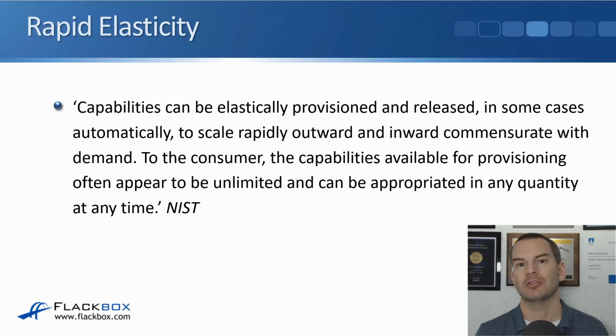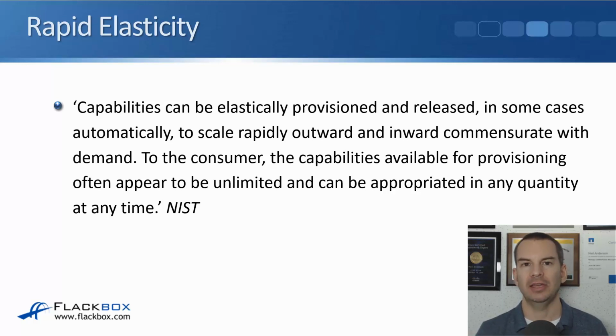The next characteristic is rapid elasticity. Capabilities can be elastically provisioned and released, in some cases automatically, to scale rapidly outward and inward, commensurate with demand. To the consumer, the capabilities available for provisioning often appear to be unlimited and can be appropriated in any quantity at any time.